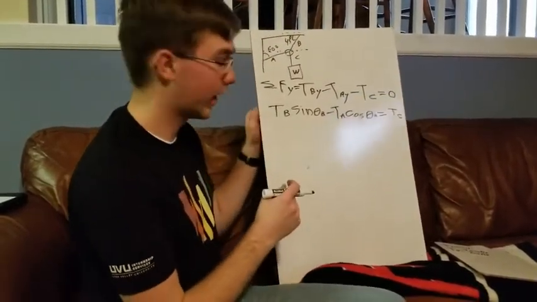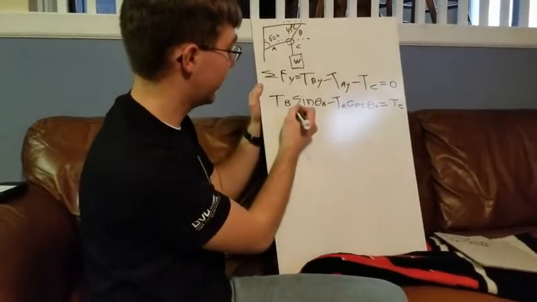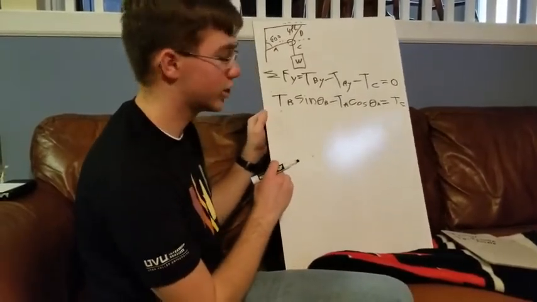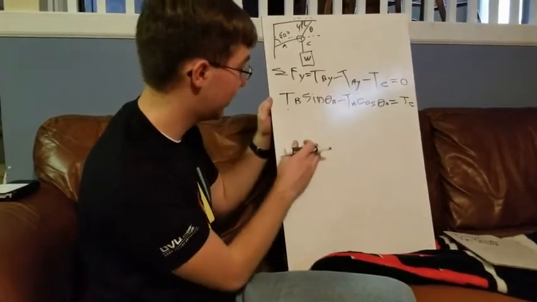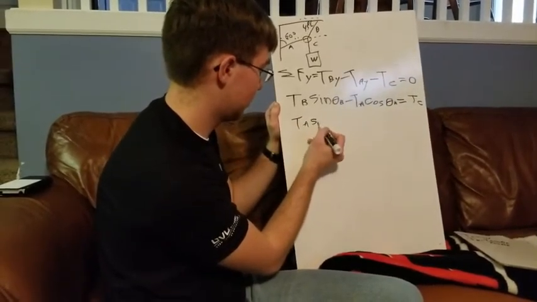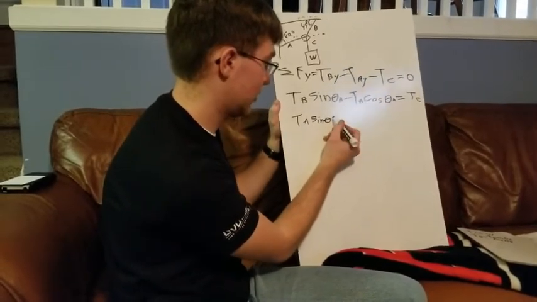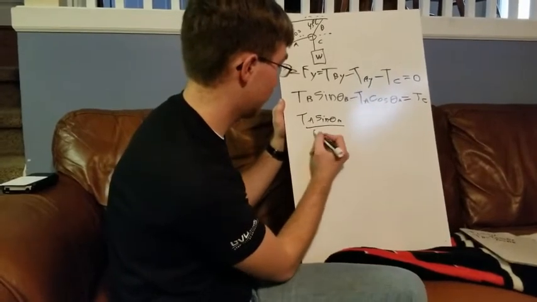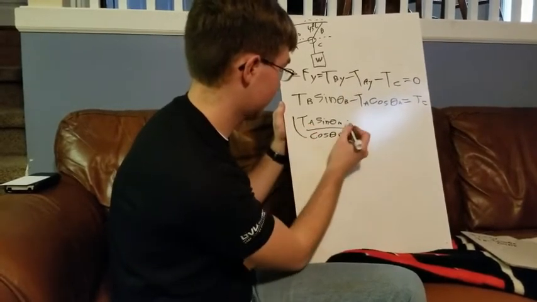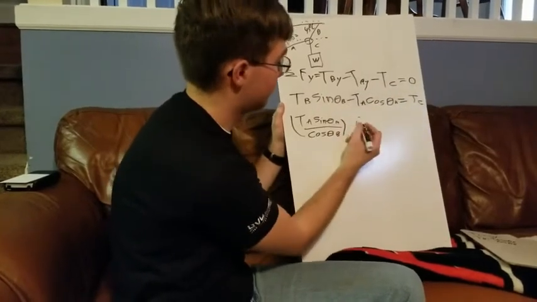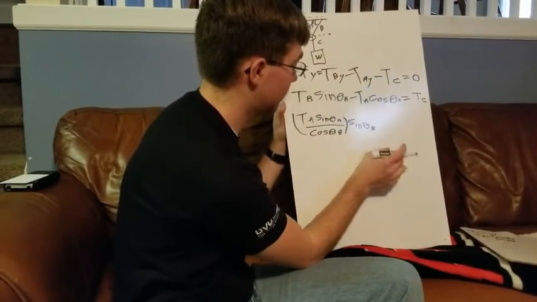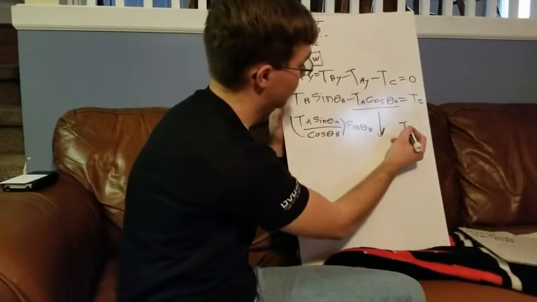Now since I have tension B solved for, I'm going to insert it right here. What I had for tension B was tension A sine of theta A over cosine of theta B. So I'm going to write that, tension A sine of theta A over cosine of theta B, and I put in the rest of the equation, times sine of theta B, and this goes there, equals this.